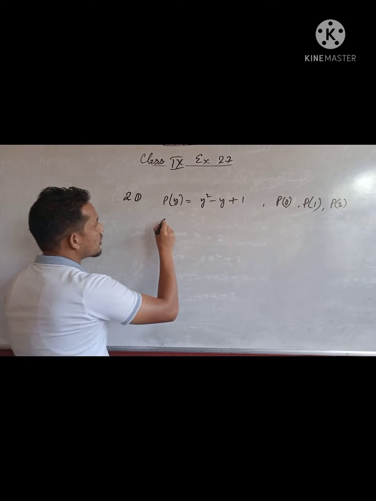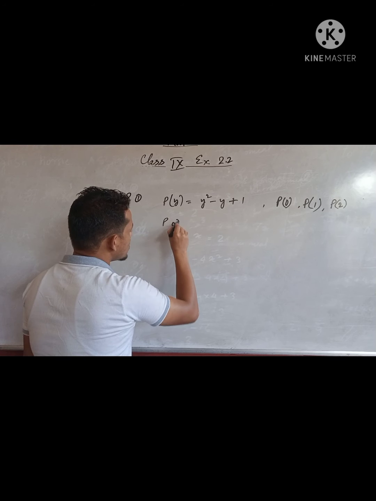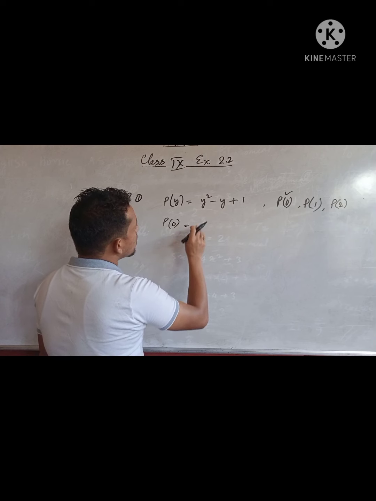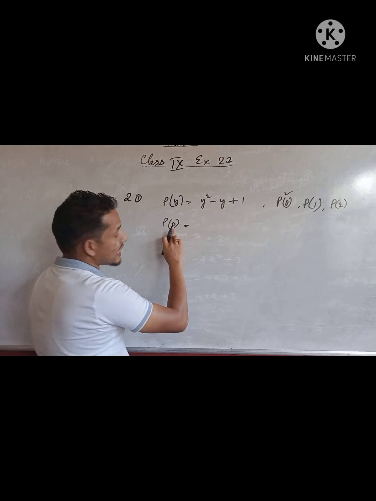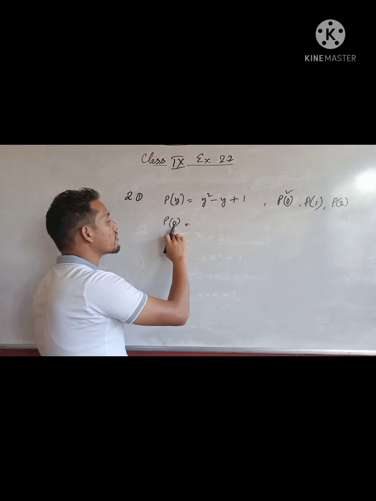First one, P0. We will be calculating this one, equal to, now instead of y it is given 0, that means the value of y is 0 in the first case.